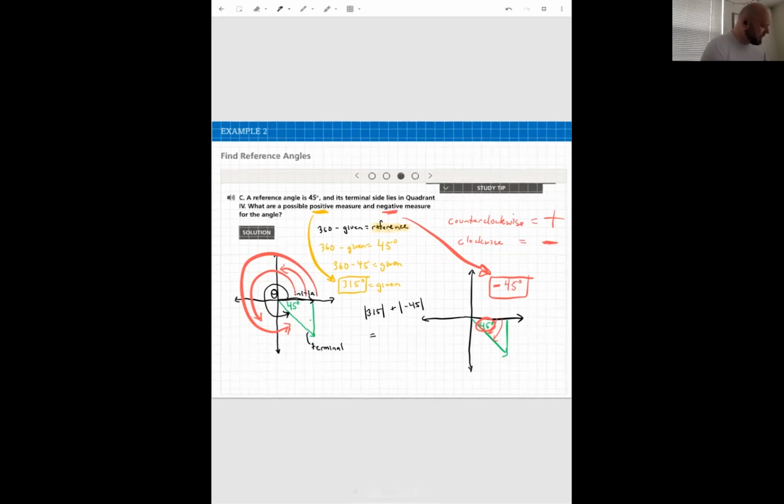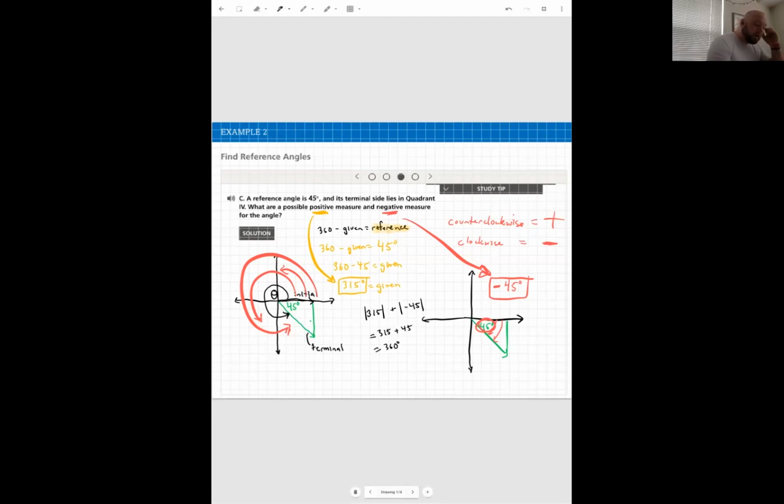Well, absolute value makes everything positive, so 315 and 45 gives me 360, and it gives you a full circle. And that should always work out. Your positive measurement and your negative measurement, when you take the absolute value of them, should always add up to 360. And if they don't, then you didn't do your problem correctly.